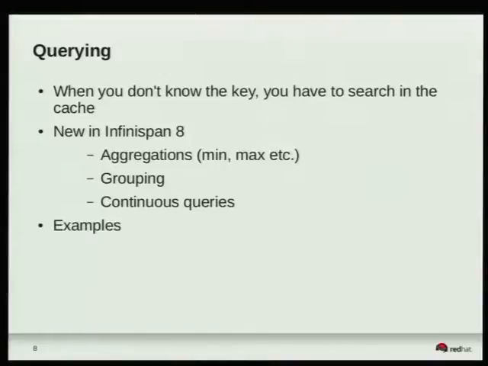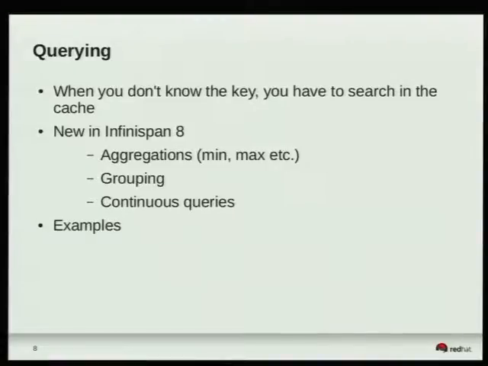So it might be useful to somehow query the data, and Infinispan has had this ability for a long time. But the new version also contains aggregations, like min, max, sum, and grouping, the classic group by thing in SQL, and continuous queries, which are a bit more important, so I will show them later.